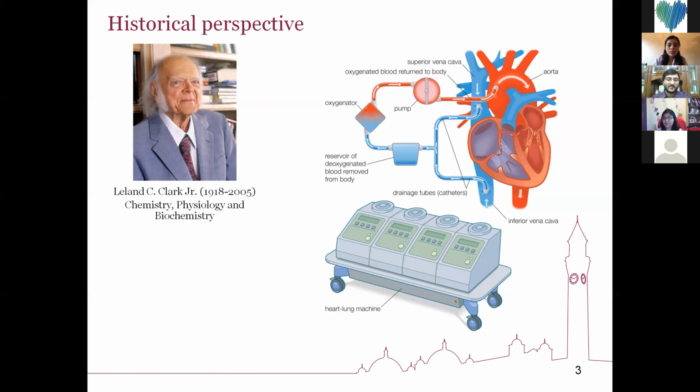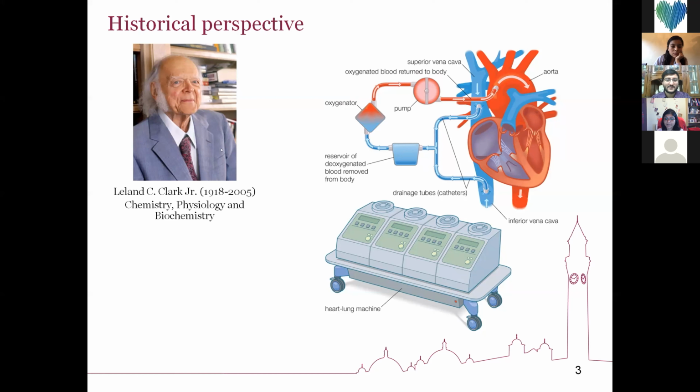At the same time, he was also interested in the heart-lung machine, and one of his important contributions in this heart-lung machine was to make the components of this machine using glass, because this allowed autoclaving these components, and that was very important to prevent infection from one patient to another.